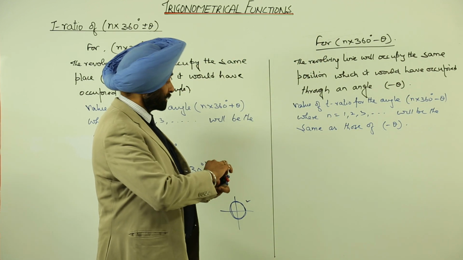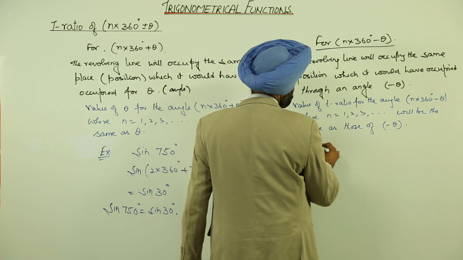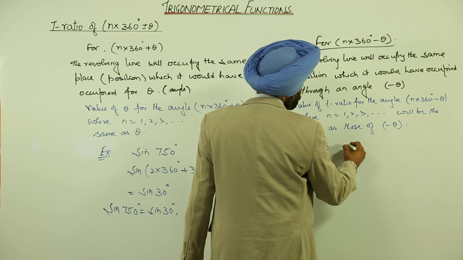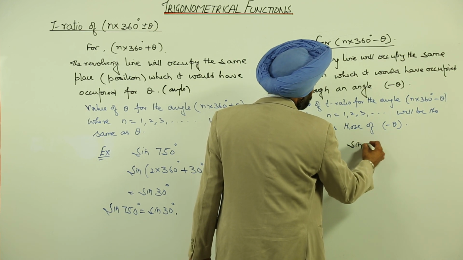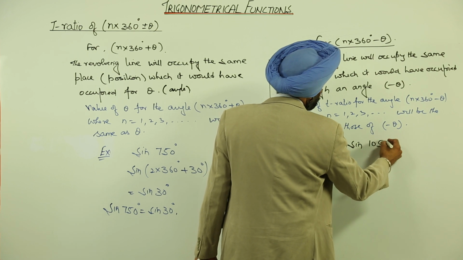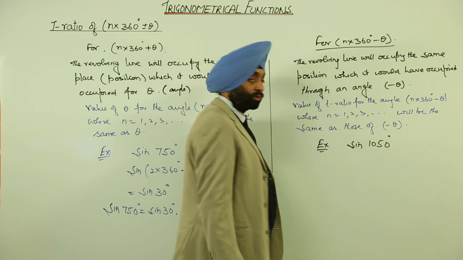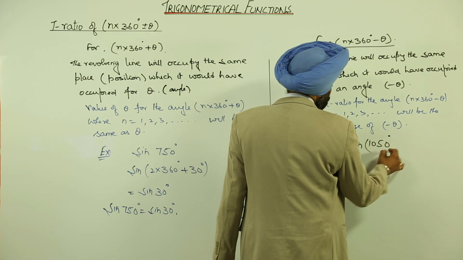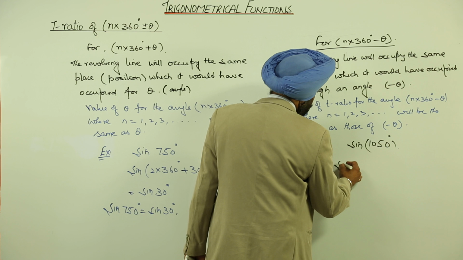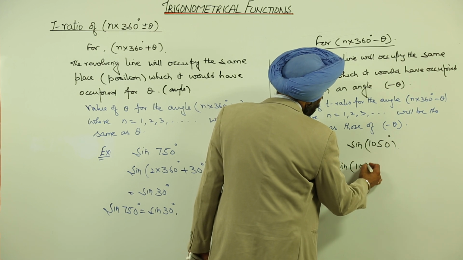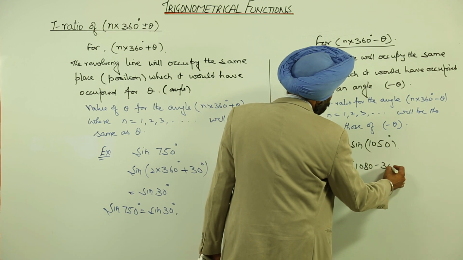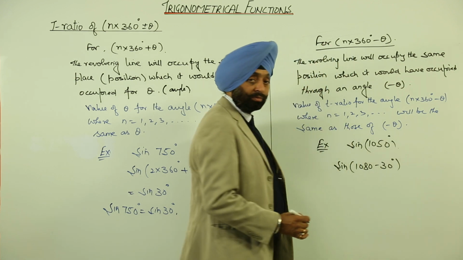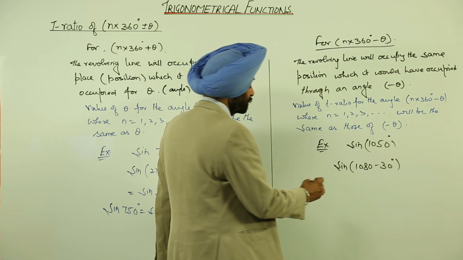Now let us go for an example. Suppose we are having sine 1050 degree, we have to find the value of sine 1050, okay. So can we write it as sine of 1080 minus 30, this becomes 1050. Now why have I written 1080?